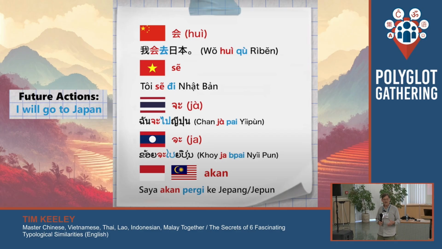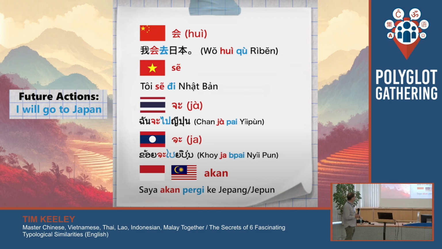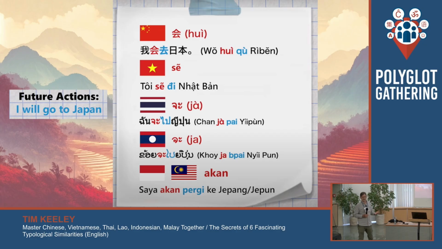I am apt to wake up early on Mondays in order to do such and such, okay? So it has a number of meanings, and you have to go by context. So these are not so straightforward. All these languages are extremely contextual in that sense. And then sẽ is always going to be a future action. So tôi sẽ đi Nhật Bản.